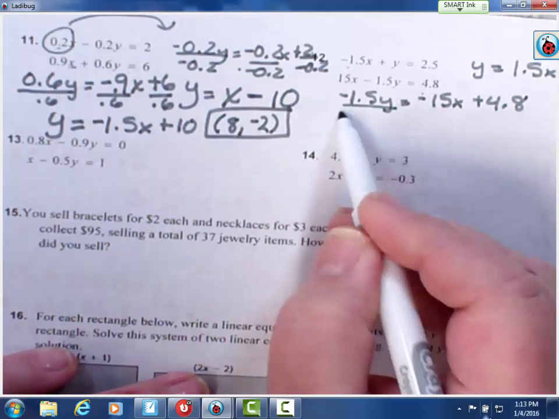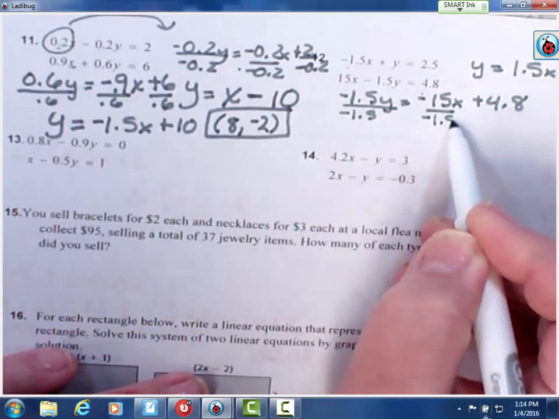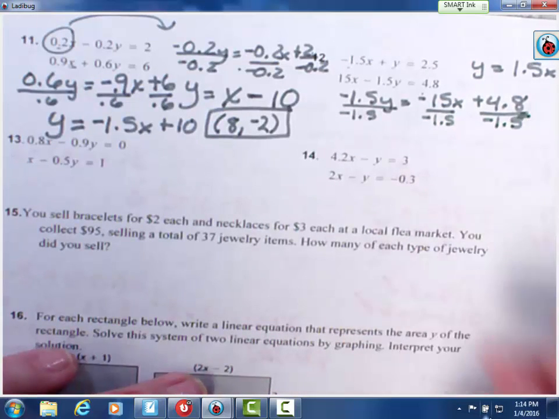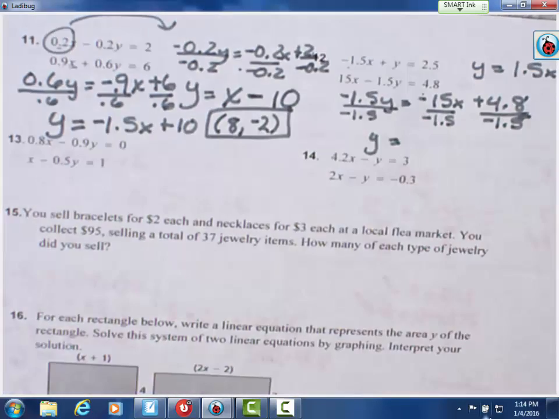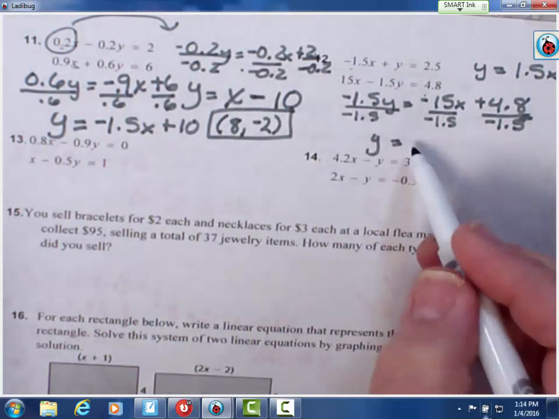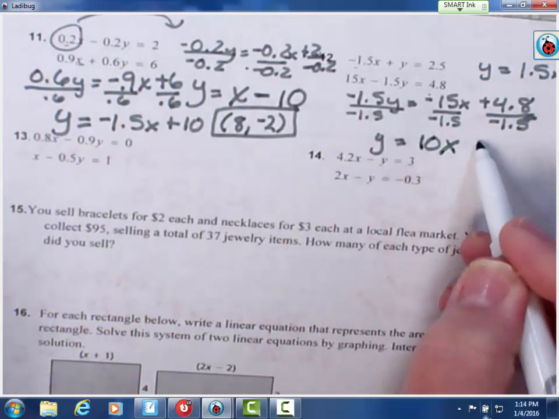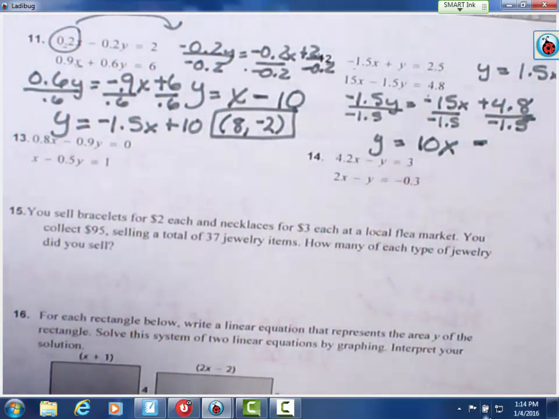So we divide by the -1.5. And we get that y equals 10x minus 3.2.